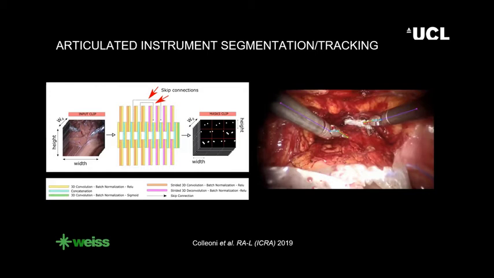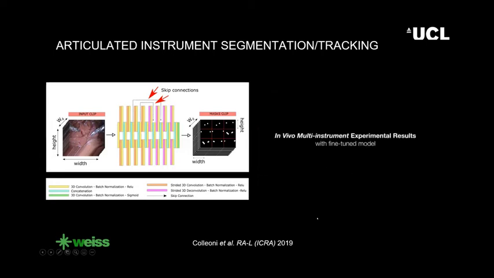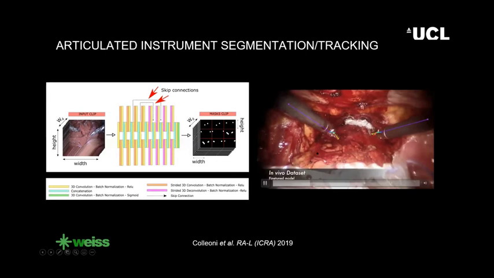It may be used to control active instrumentation. It may be used to link to the robotic system and potentially provide automation. So a lot of interest has gone into detecting and tracking different types of articulated instruments.